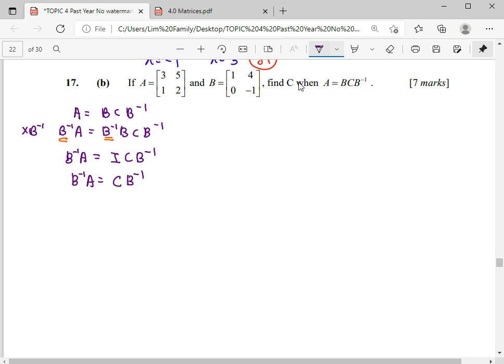And then for the second phase, I want to clear off the matrices here at the back. So I want to clear off here, so I will times a matrix B at the back.